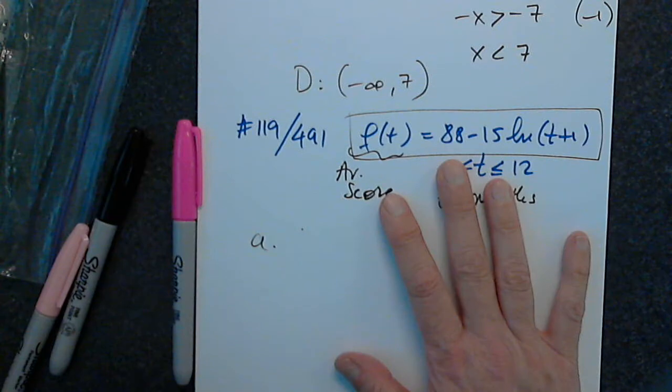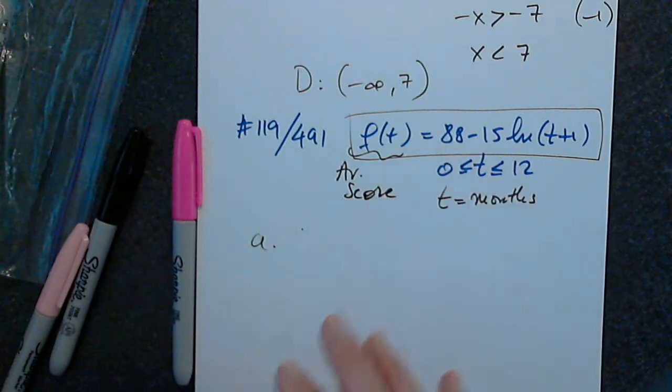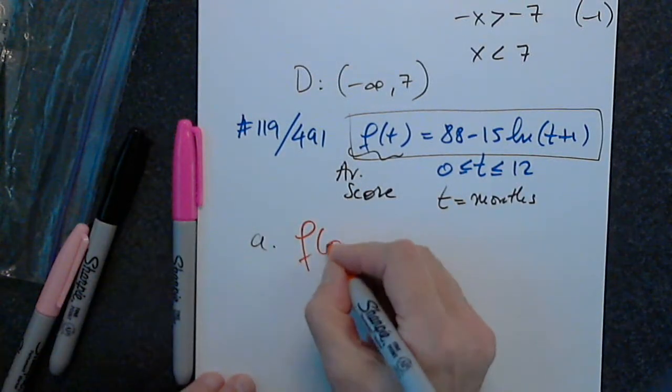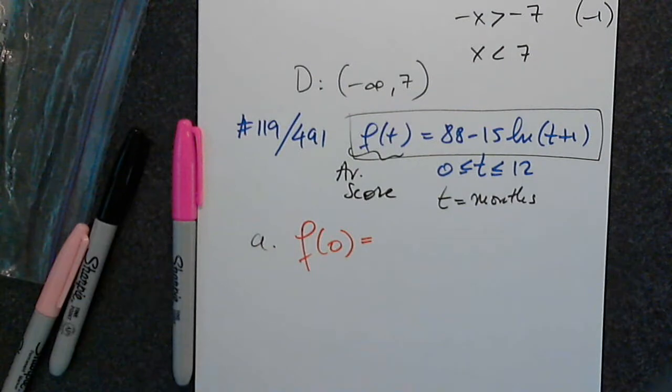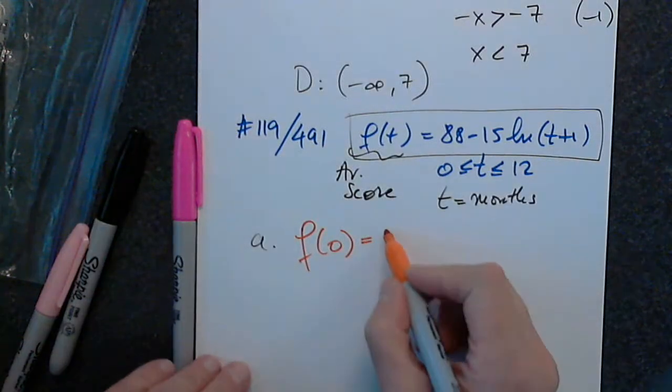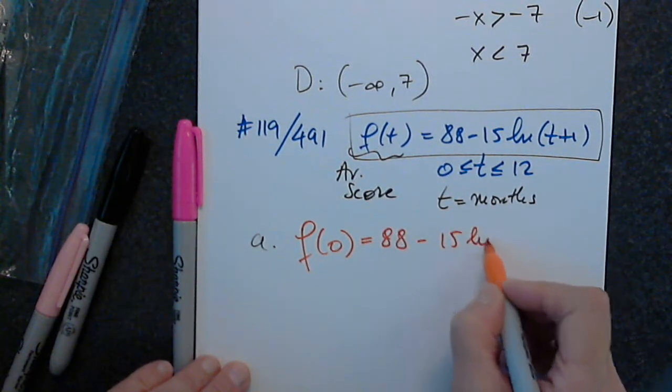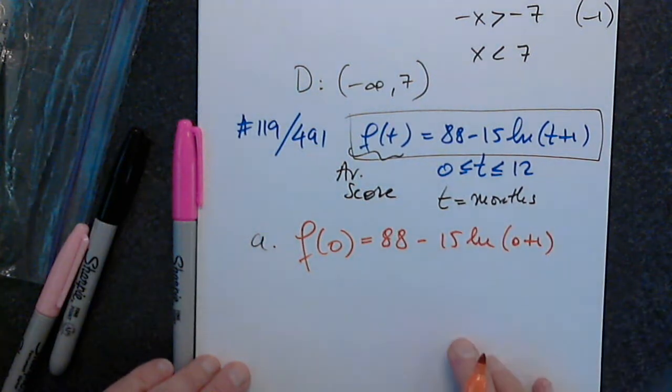Starting number. Exactly, which means? Yes, of course. The initial or original or the starting point is always f of 0. Thank you, Madison. So this is 88 minus 15 natural log of 0 plus 1.